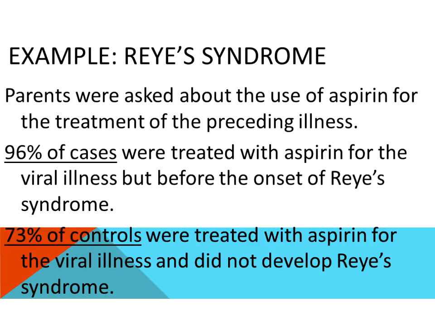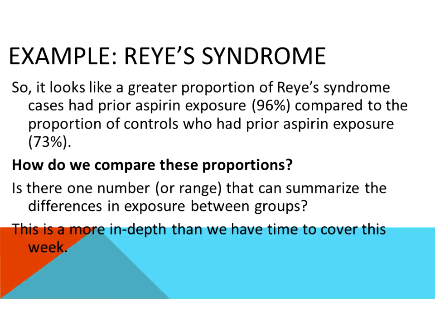I'm going to give you a little bit of time to digest those numbers. So it looks like a greater proportion of Reye's syndrome cases had prior aspirin exposure when compared to people who did not develop Reye's syndrome but still had aspirin exposure.